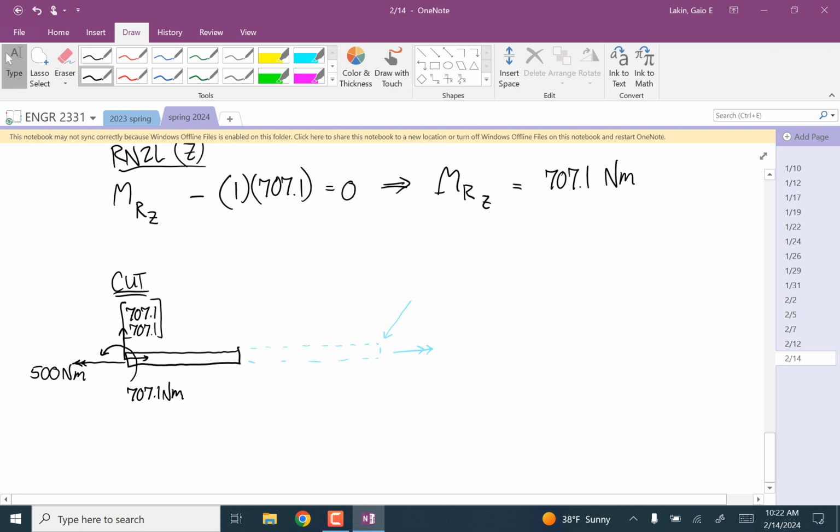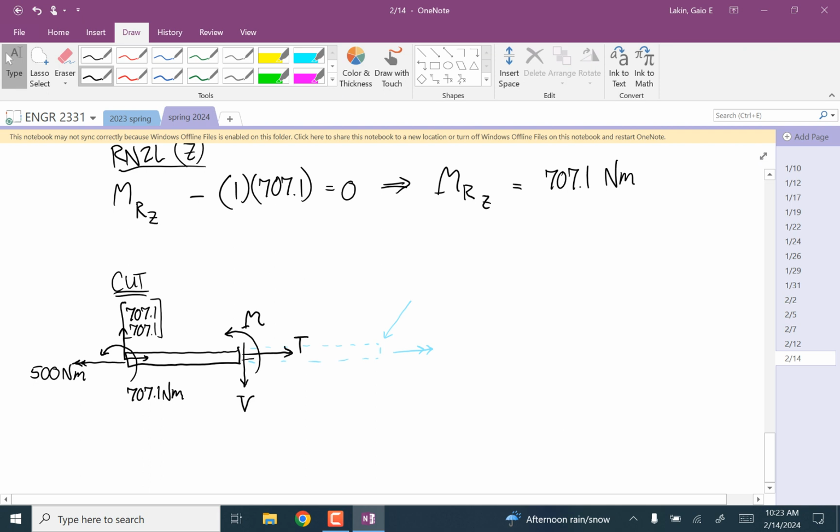And since we're not including any of the stuff in light blue, the only other loads we have are the internal loads on the right side of this cut. So remember, that's a tension T, a shear force V, a bending moment M, that's really a Z component of a couple.